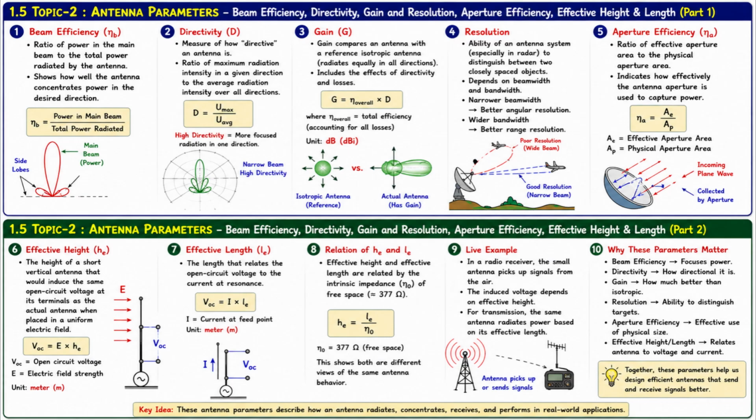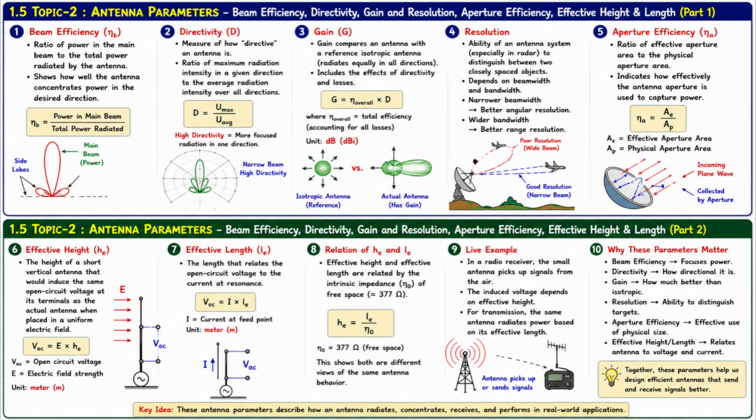What is aperture efficiency? Aperture efficiency tells us how effectively the physical antenna area is used. Once again, aperture efficiency means how effectively the physical area of the antenna is used. Last but one parameter, effective length.